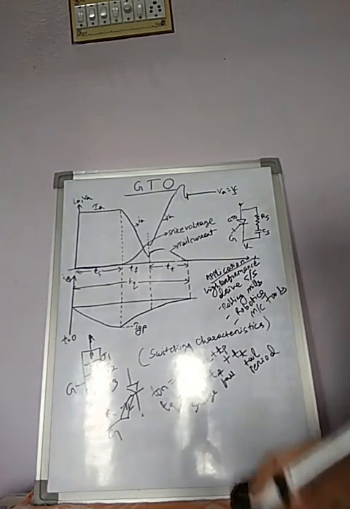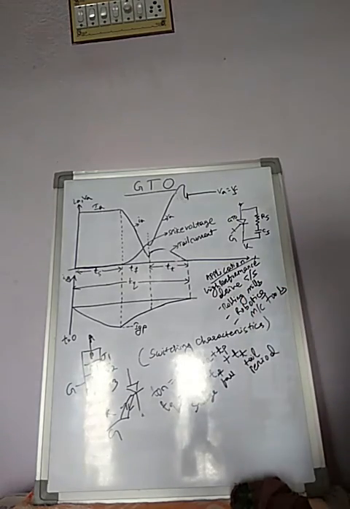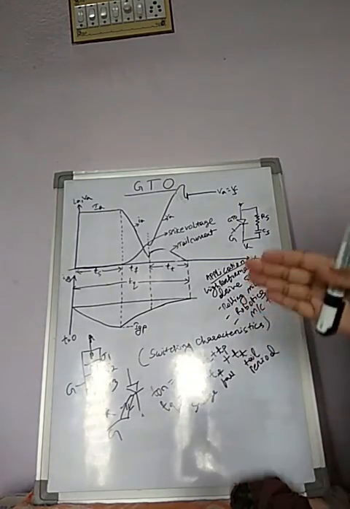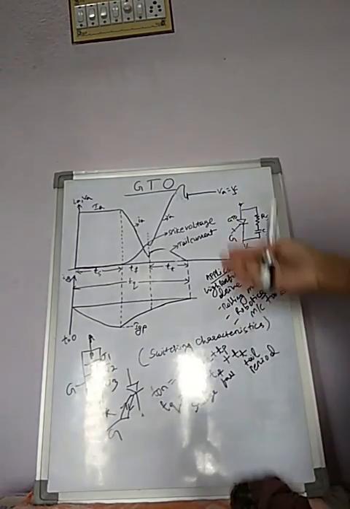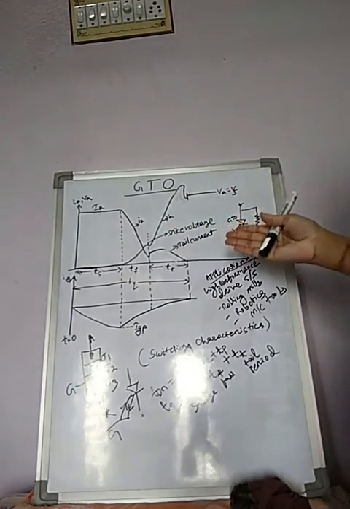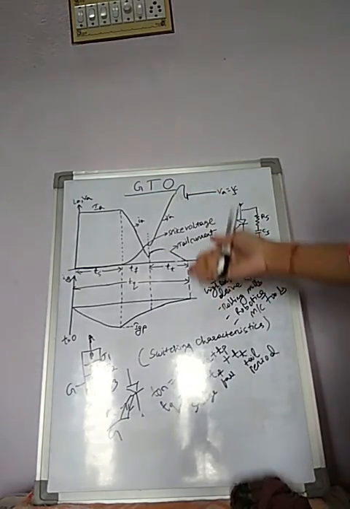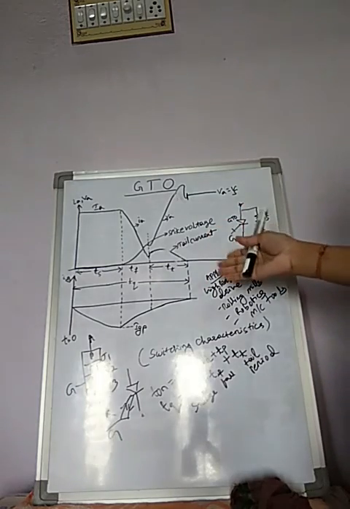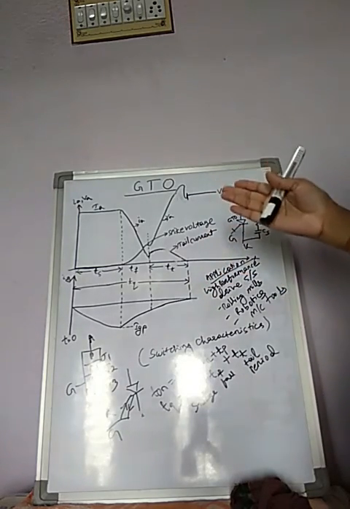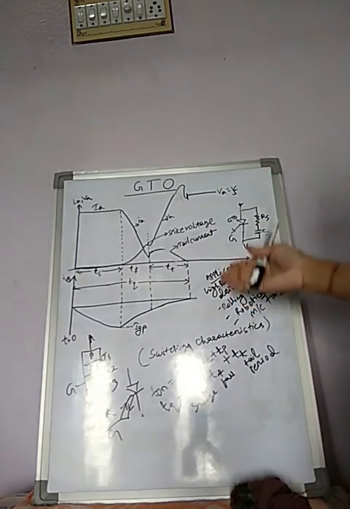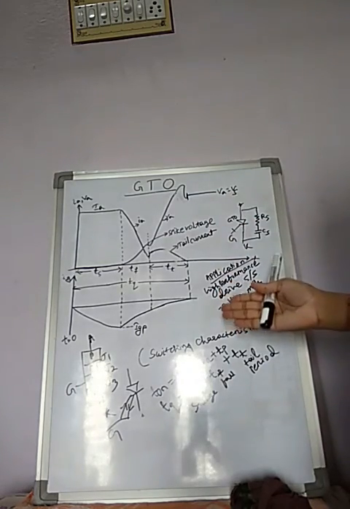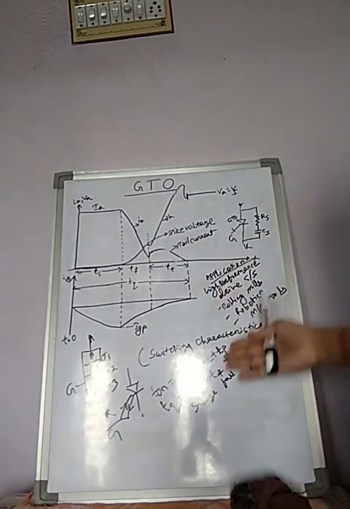I already told you its applications. Go through the book and make notes of this device, its characteristics, that means the switching characteristics and the static characteristics, and make notes of its advantages, disadvantages, and applications.